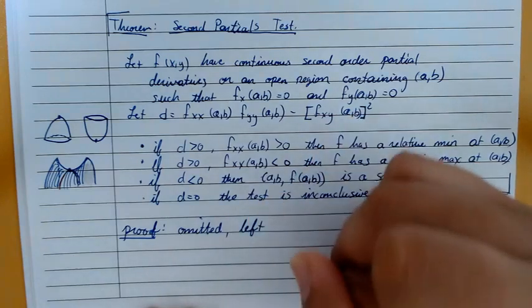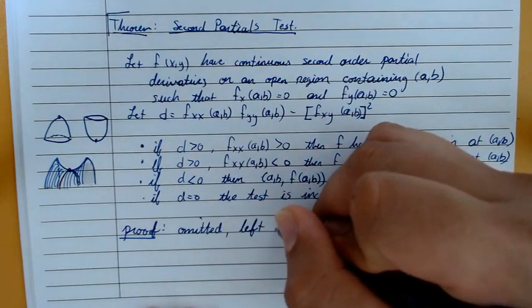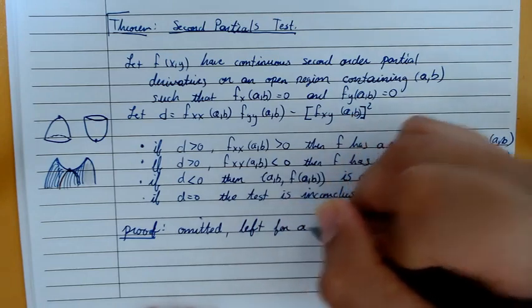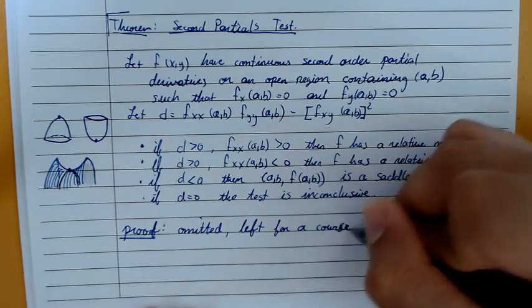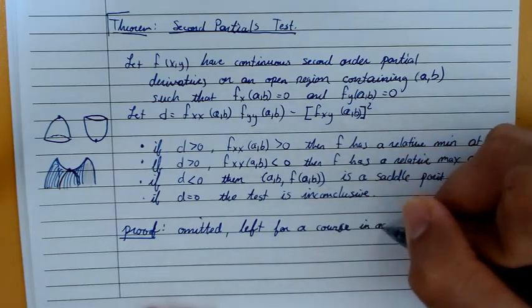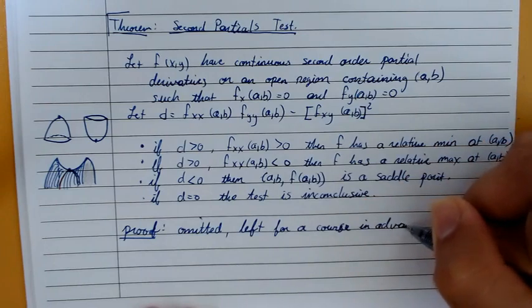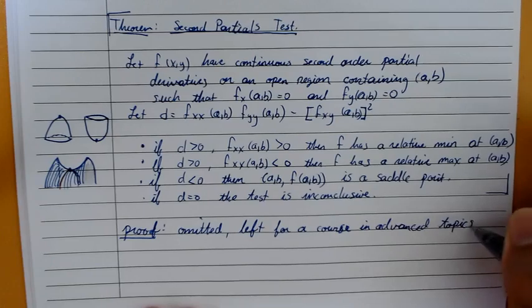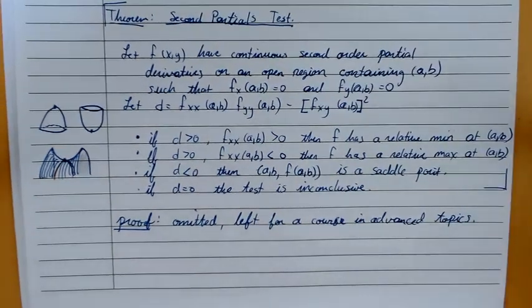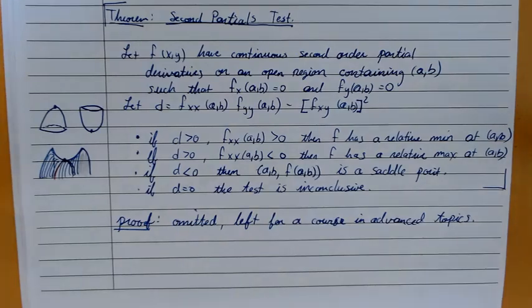So I'll say omitted and is left for a course in advanced topics. In other words, too scary. So here, just like the first theorem, we'll simply take advantage of the results, and the proof is left for later courses. So let's take a look at some examples.